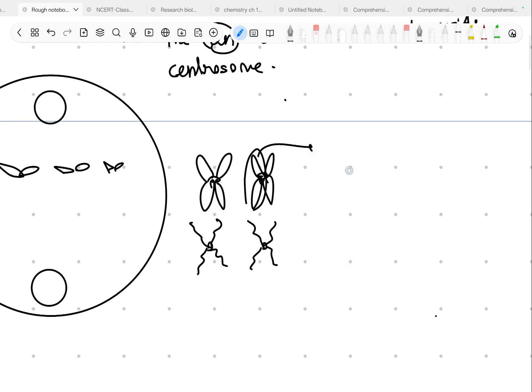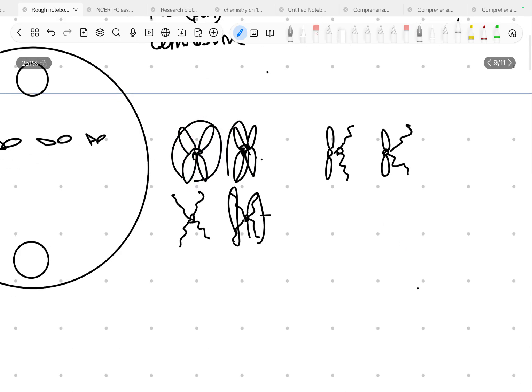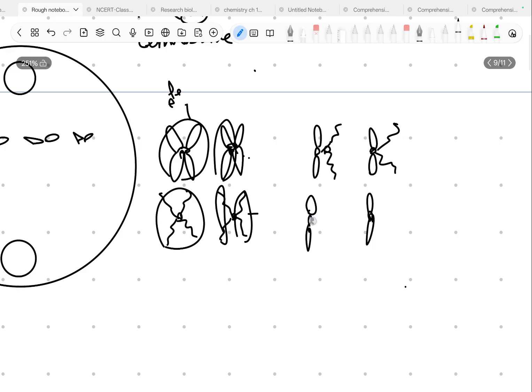This part will go to here, and this part will go to here, and again this part here and this part here. Here there are two chromatids, one chromatid goes here and one goes here.